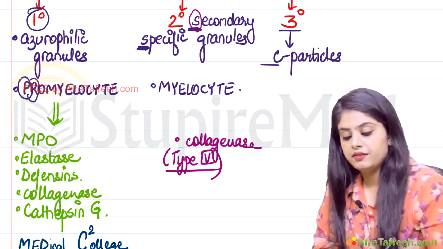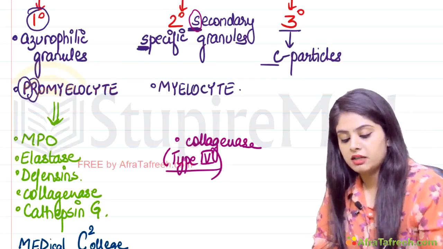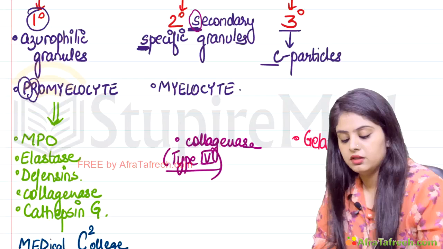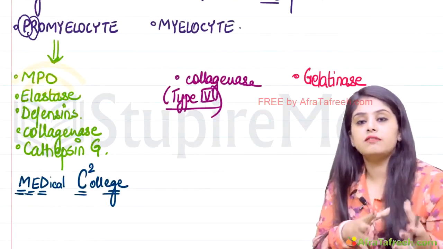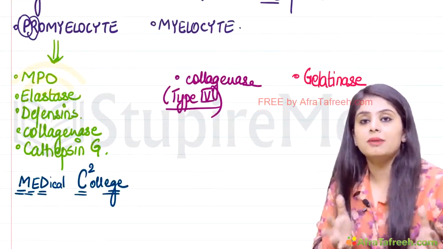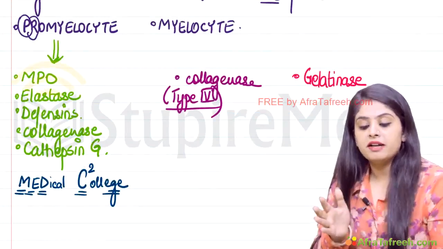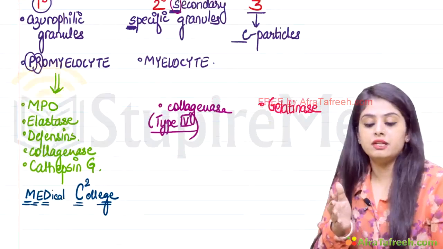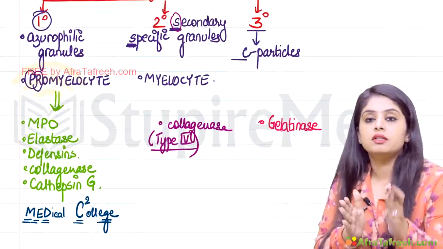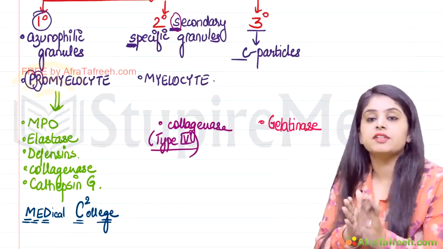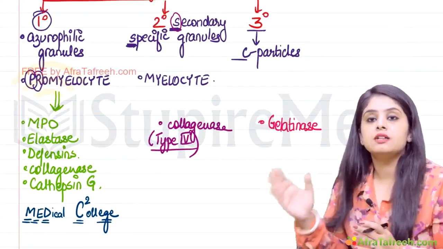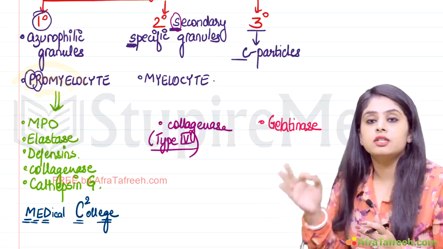And lastly, the tertiary or the C particles will release gelatinase. So students, this is that table that is usually feared and also left out with the fear of not being able to memorize. So we simplified this. We have three types of granules in a neutrophil. Primary, azurophilic. Secondary, specific, S for secondary, S for specific. And tertiary, third letter, tertiary is 3.